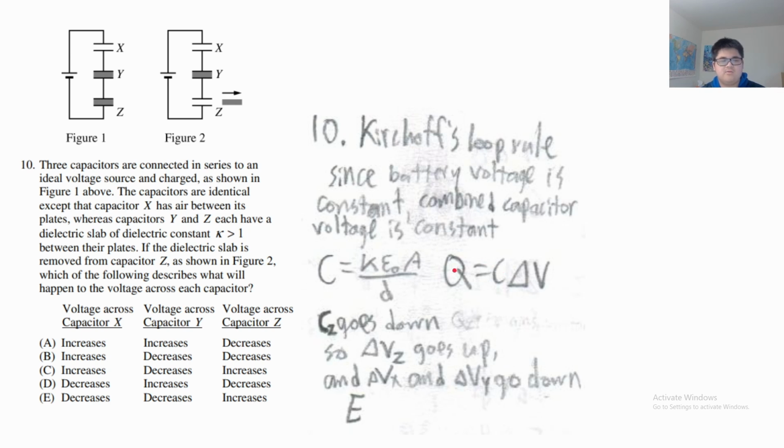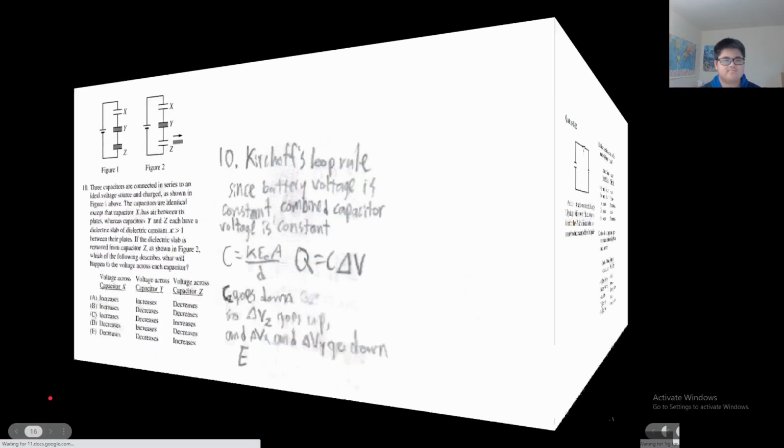And keep in mind that Q, the charge, could also change, but the amount with which Q changes is irrelevant because it doesn't impact the answer to this question. Since the voltage across capacitor Z has to increase, the voltage across the other 2 capacitors has to decrease, so that the voltage across all the capacitors stays the same, because we have to follow Kirchhoff's loop rule. So therefore the answer is E.